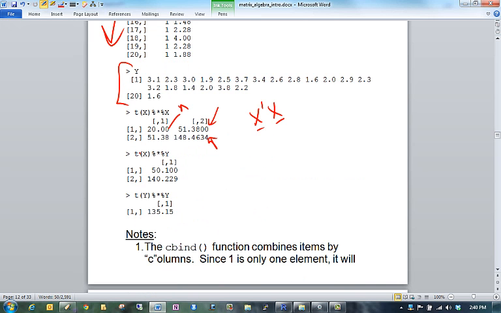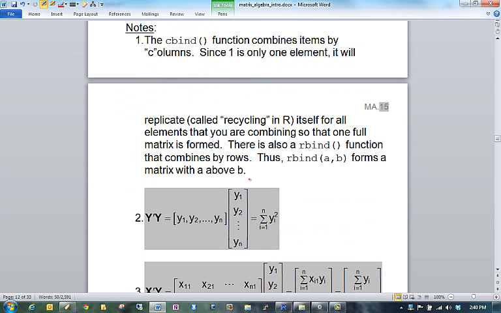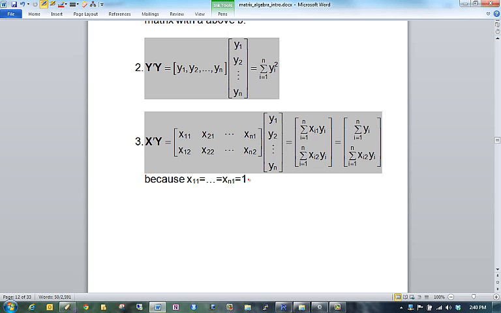When I take the transpose of X times Y, remember, let's actually take a look at this again. Taking the first row of this X transpose times the column vector Y. Remember, these X's are 1s, so that's why I get the sum of the Y's.